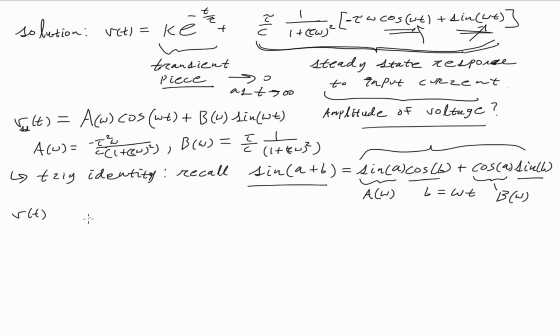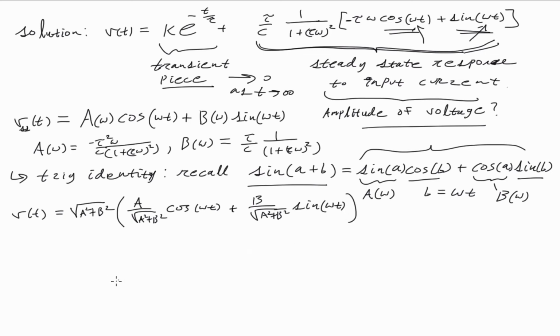So it turns out if I write it as the square root of a squared plus b squared, multiplied by a over root a squared plus b squared times cosine omega t plus b over root a squared plus b squared times sine omega t, then these terms can be my sine A and my cosine A. These now vary between 0 and 1, and if you sum the squares of them, you get 1, which is exactly the equality. So what this represents then is an amplitude term.